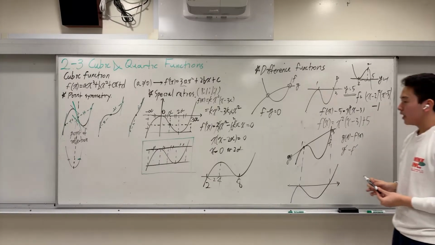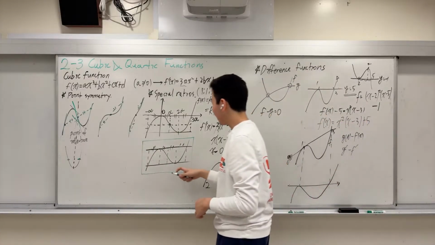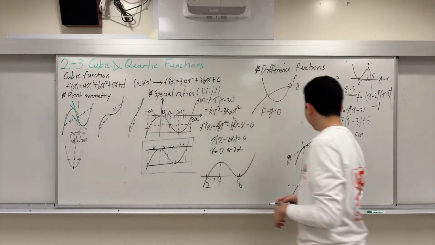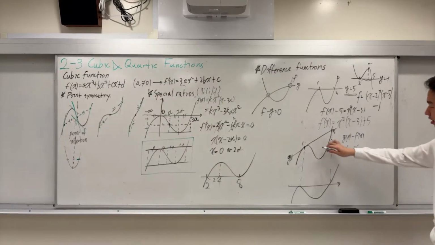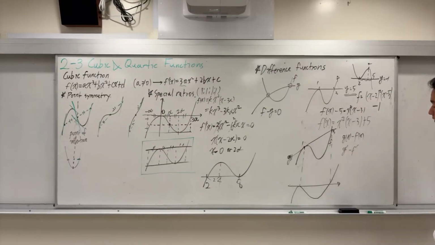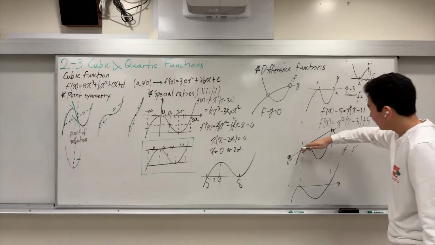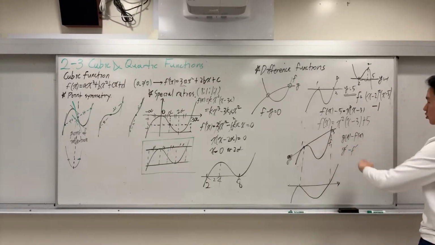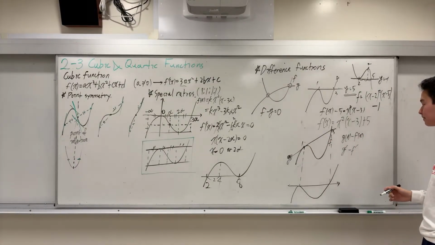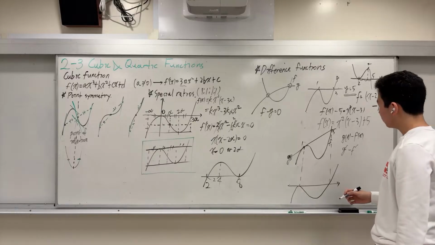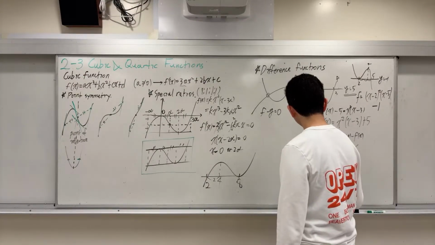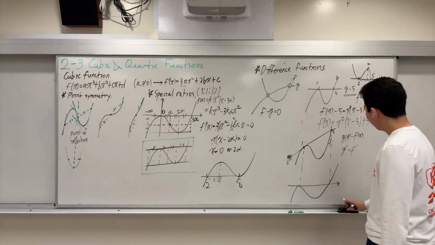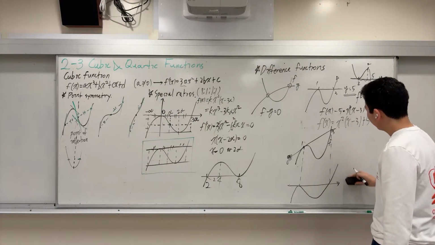Okay, if we take a final look at our special ratios here, our special ratios also apply in this context as well, right? Because in the end, if we subtract the line from the original function or vice versa, we're still going to get a cubic function, right? Oh yeah, I wrote it opposite.